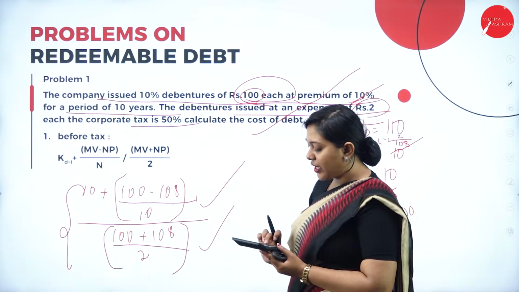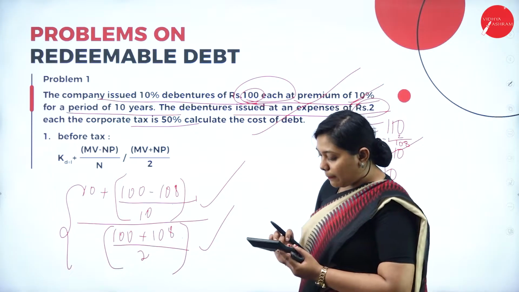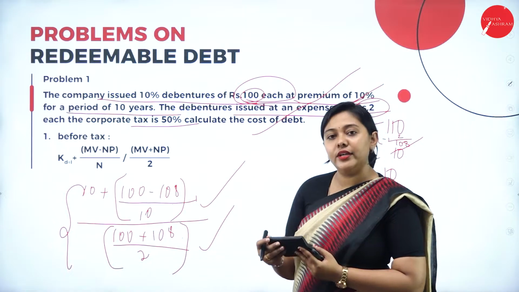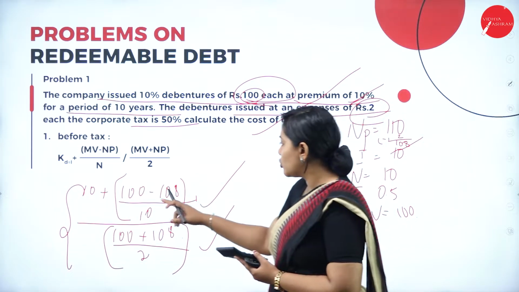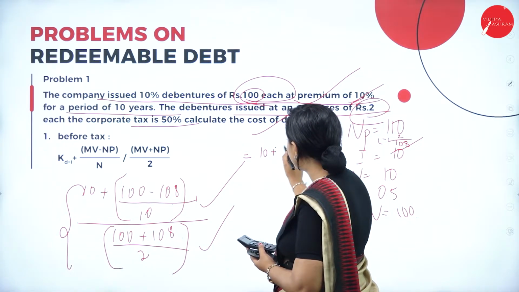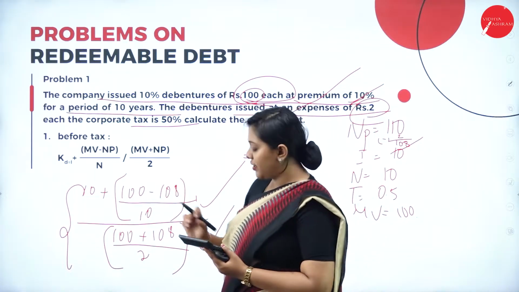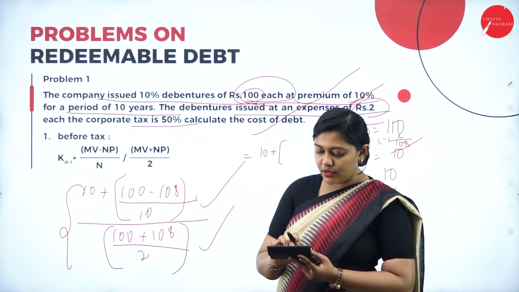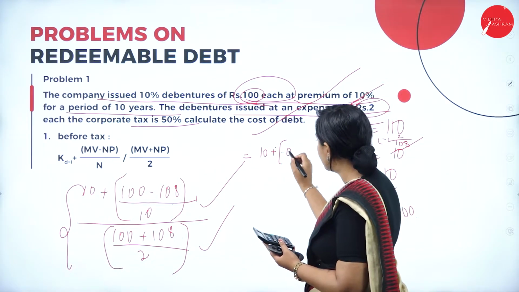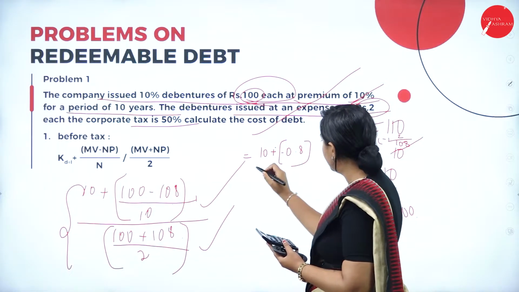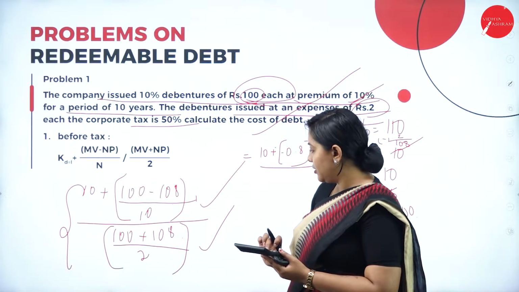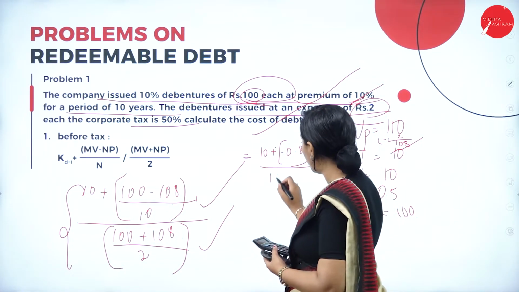Minus 8 divided by 10, it is minus 0.8. Plus into minus, minus. 10 plus, 100 minus 108, it will be minus 8 divided by 10, it is minus 0.8, whole divided by 100 plus 108 divided by 2, it is 104.